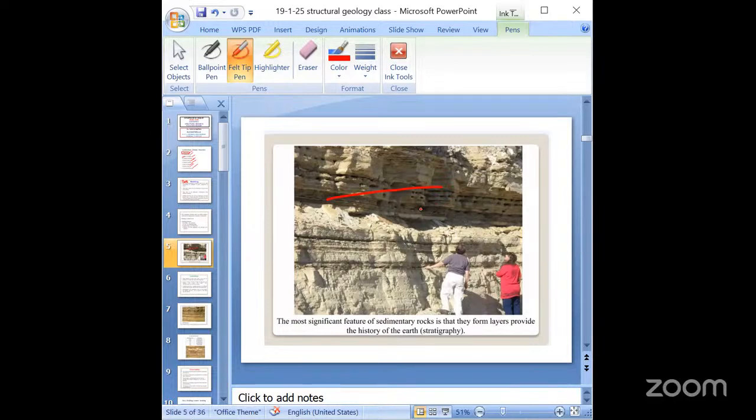These parallel layers of different grain size or composition are separated from each other by planes of weakness and indicate successive depositional surfaces that formed at the time of sedimentation.